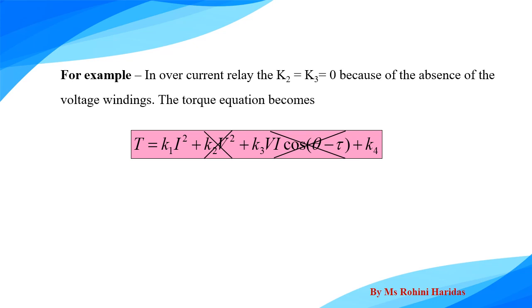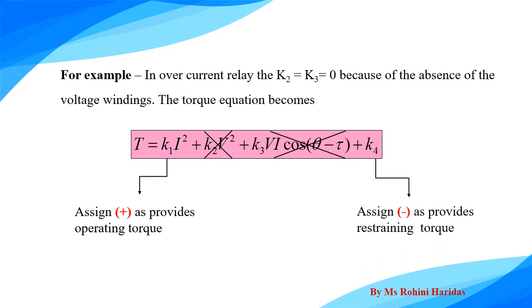Now here the current element will provide the operating torque, and therefore you assign the positive sign. Similarly, the spring constant will provide the restraining torque, so you assign the negative sign, and therefore the torque equation will be K1I square minus K4.